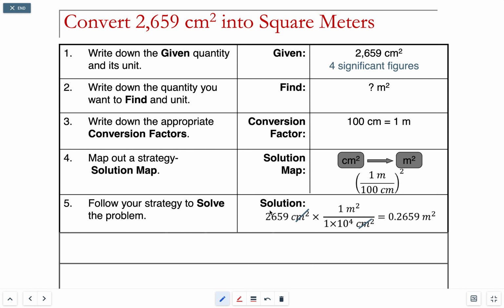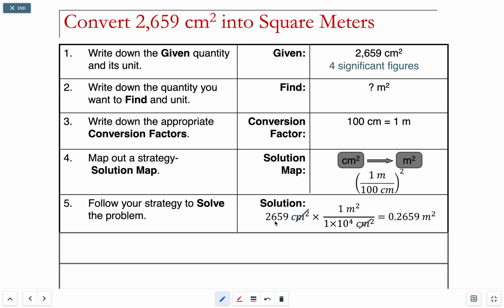So what we end up with is our input multiplied by our conversion factor. Now this is 100, or 10 to the second power, squared is 10 to the fourth. Square centimeters cancels, and now we're ready to get out our calculator.